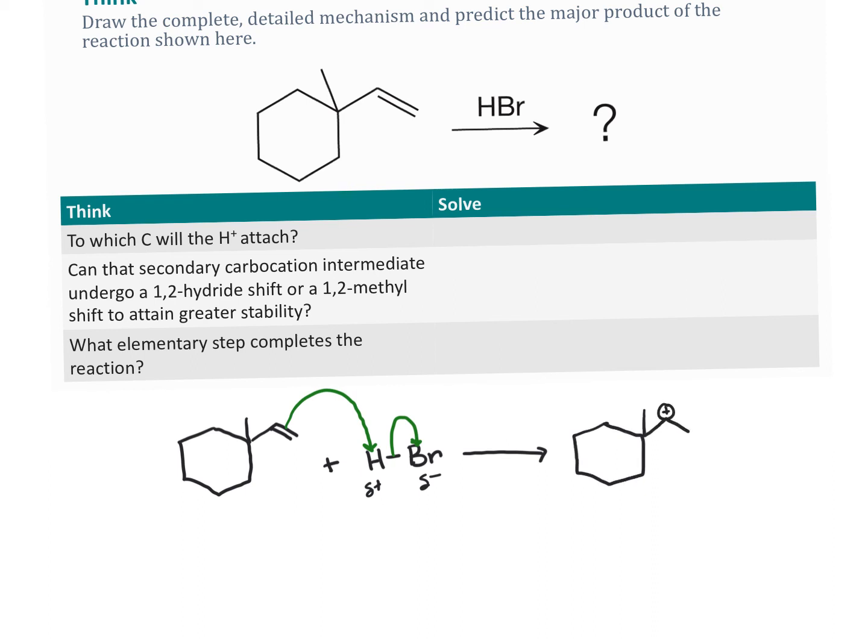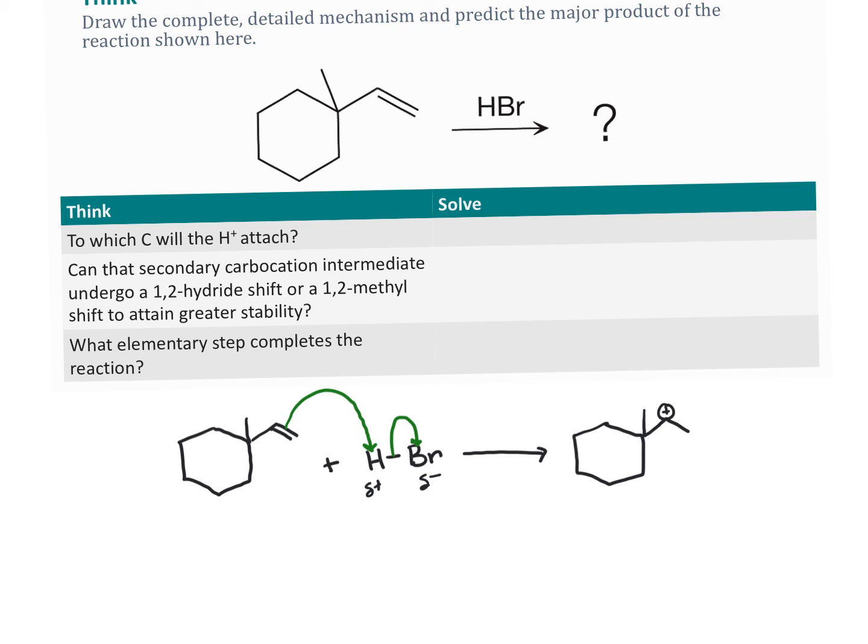So the proton has gone on this carbon here and it's formed the carbocation there. Now, we understand the reason it does that is because that's a secondary carbocation. And if the hydrogen were to go there, here would be a primary carbocation. Secondary carbocations are more stable. So that's super duper stable.